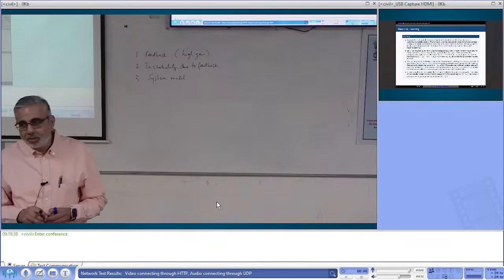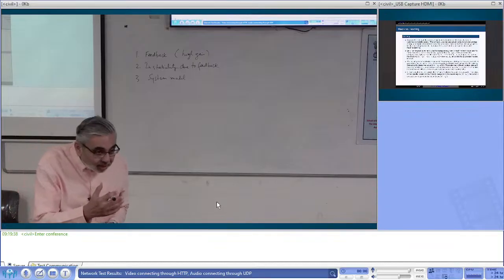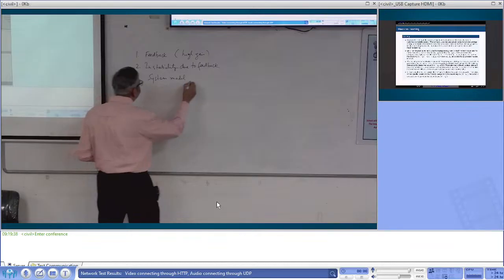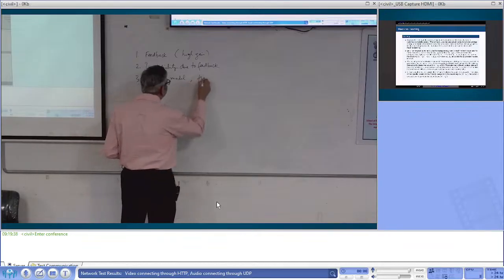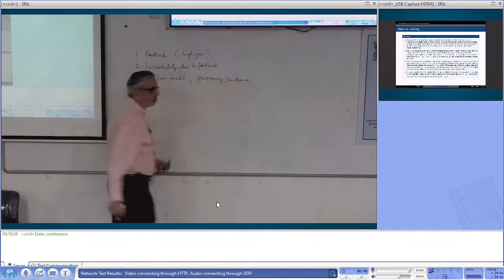कौन सा मॉडल था वो? Yes, loudly? Frequency response. Right? So these are the logical steps.